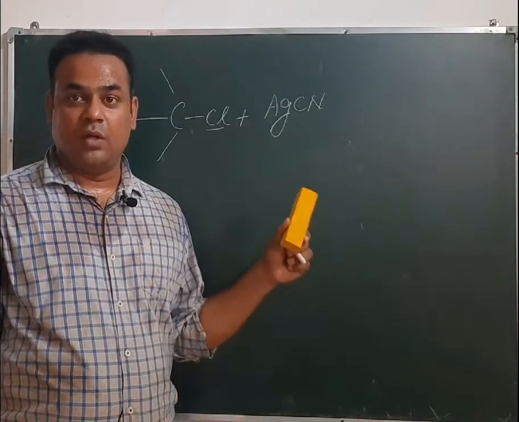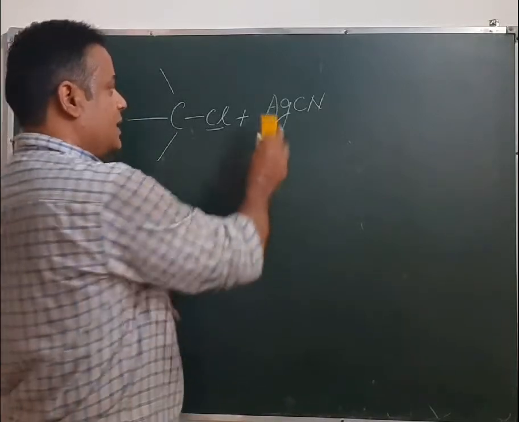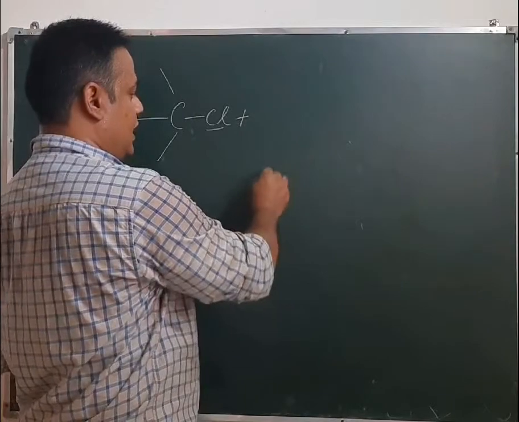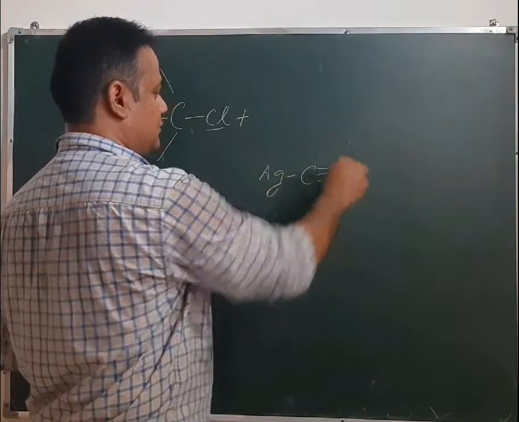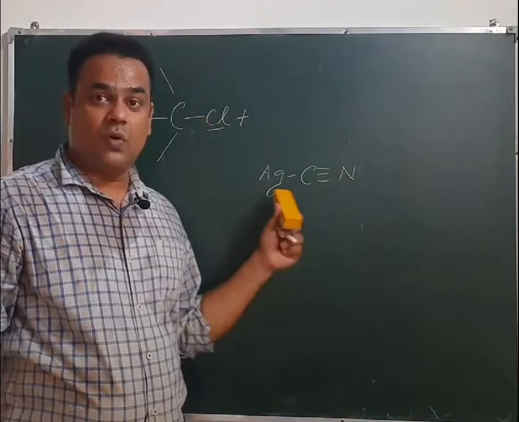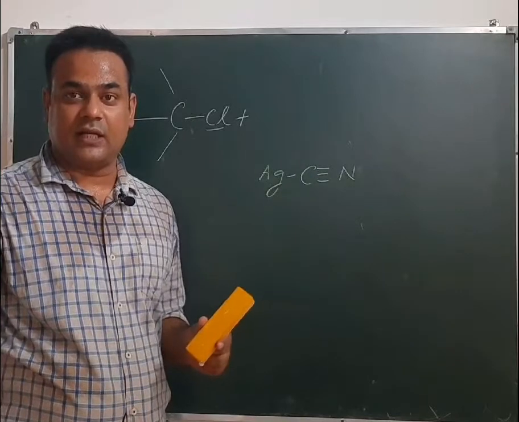But no, be aware, here there is a sign of danger. The sign of danger is that if we see this bonding, Ag-C triple bond N, this bond is not perfectly ionic; it has more covalent character.